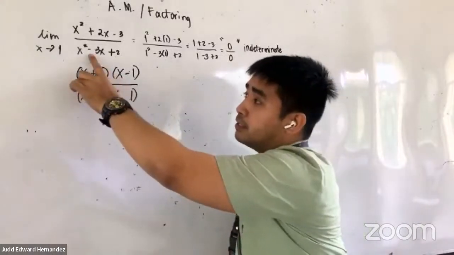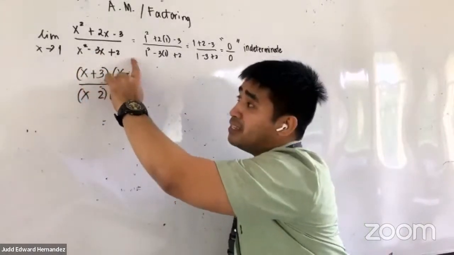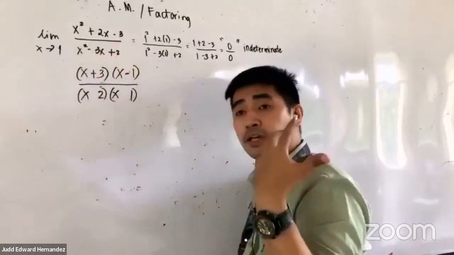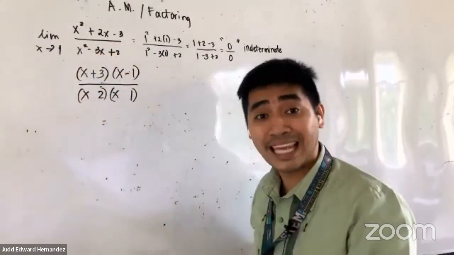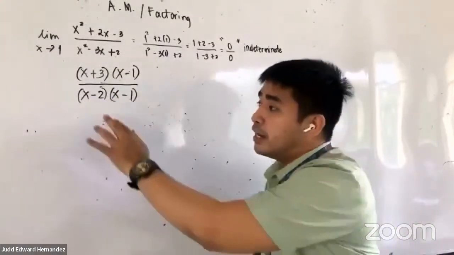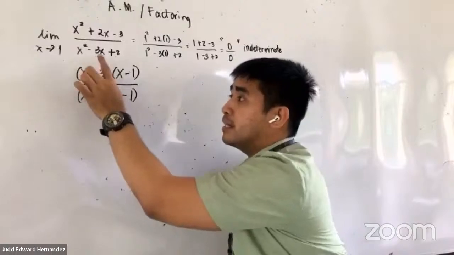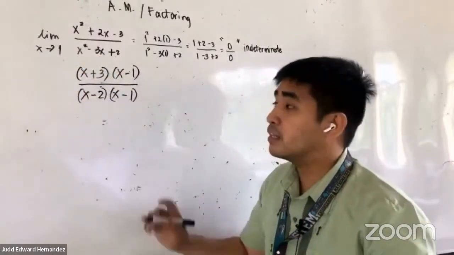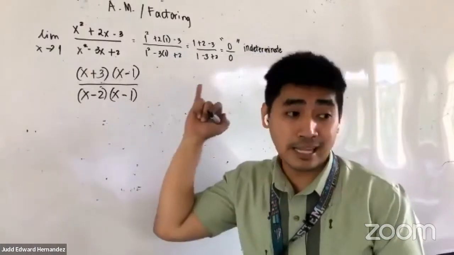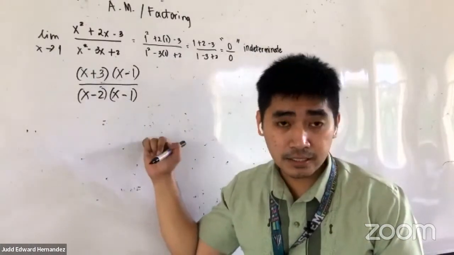The sign of the middle term is negative. But since this is positive, a number could be positive if its factors are both negatives. Therefore, we write down negative here. Negative 2 plus negative 1 is negative 3. And we could say that these will be the factors of x squared minus 3x plus 2. Is that clear?